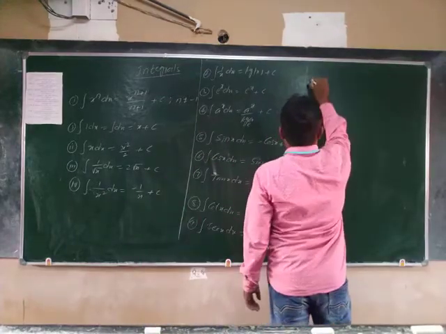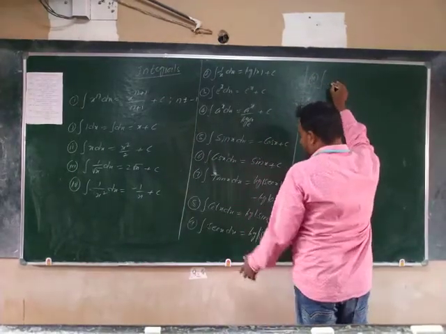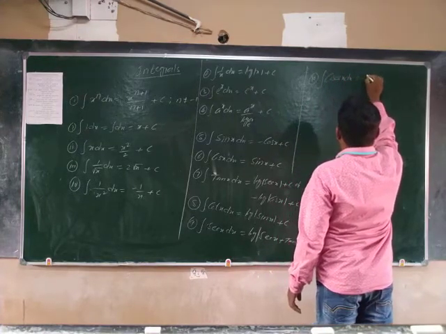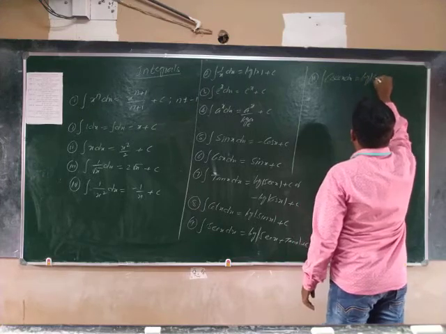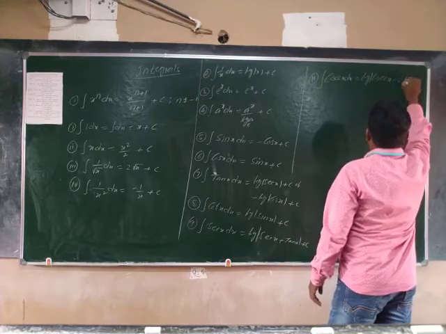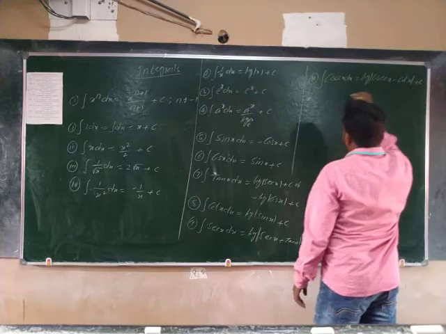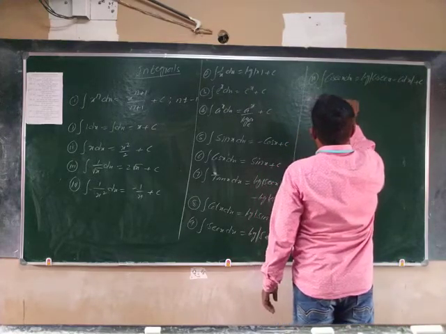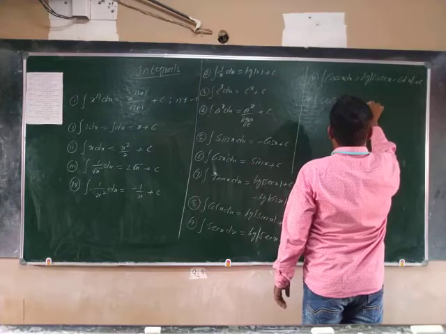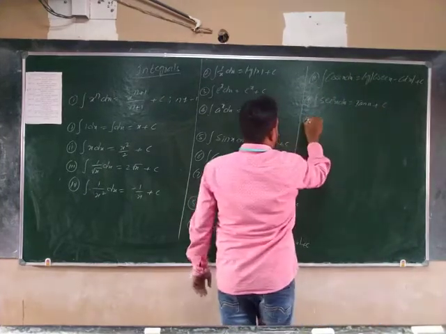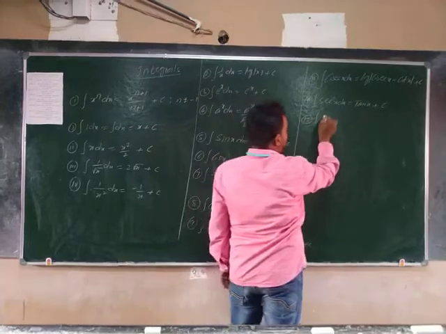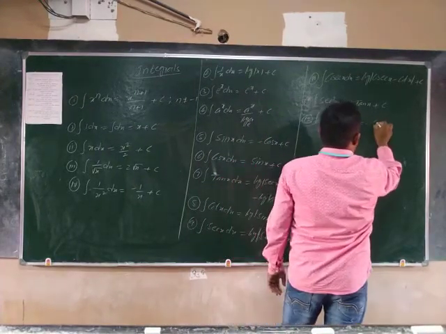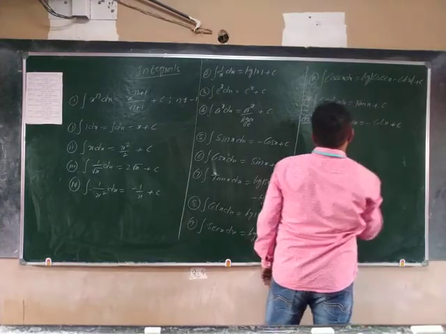Next, 10th one, integration of cosecant x dx is equal to log mod of cosecant x minus cot x plus c. 11th one, integration of secant square x dx is equal to tan x plus c. 12th one, integration of cosecant square x dx is equal to minus cot x plus c.